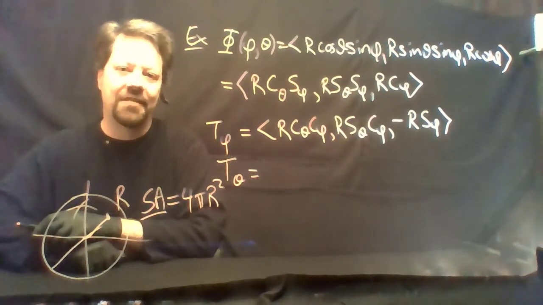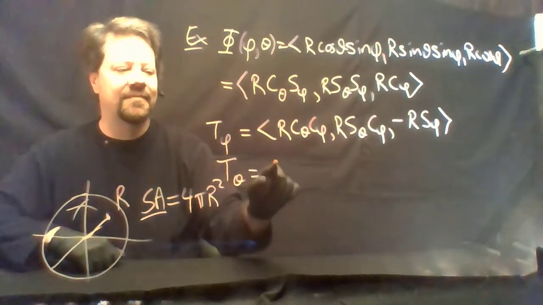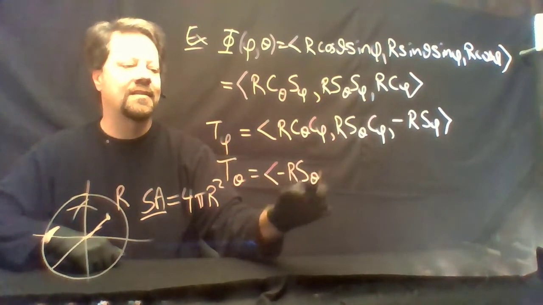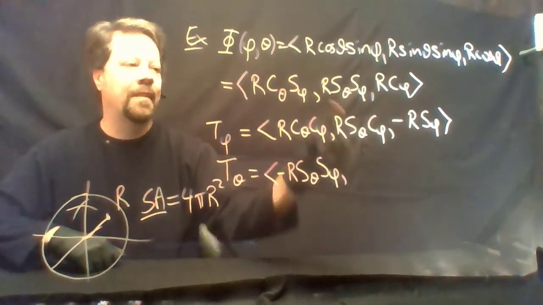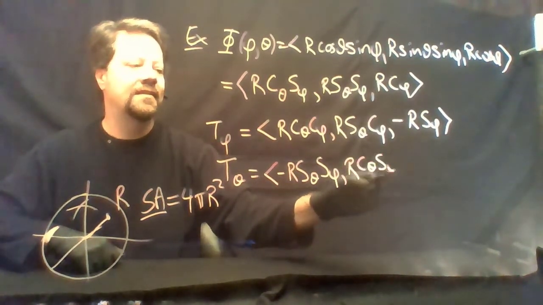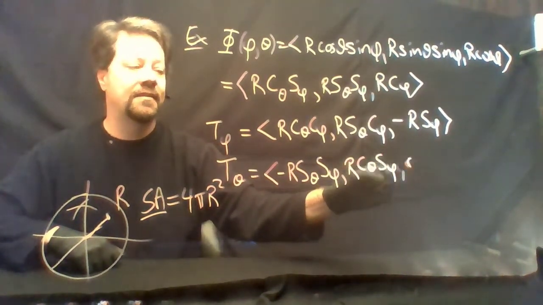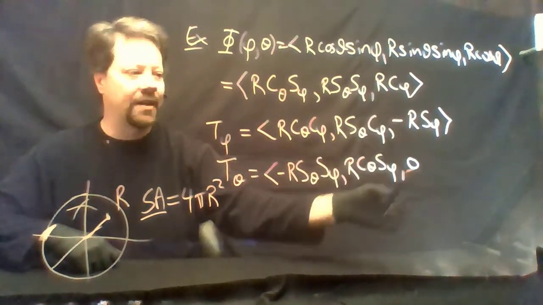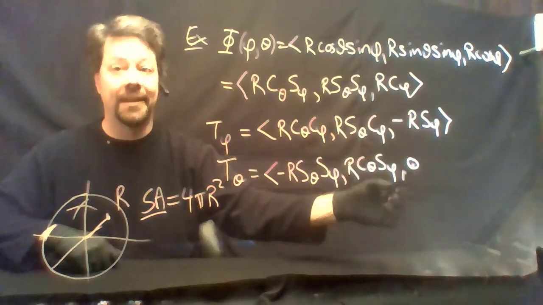Now for the tangent vector t_theta. That'll be minus r sine theta sine phi, r cosine theta sine phi, and 0. There are no thetas in the z-coordinate, so its derivative with respect to theta is 0.